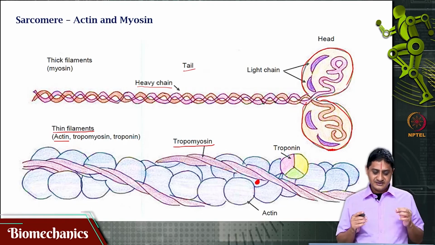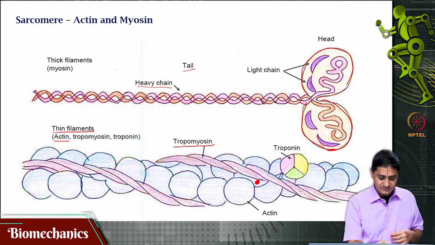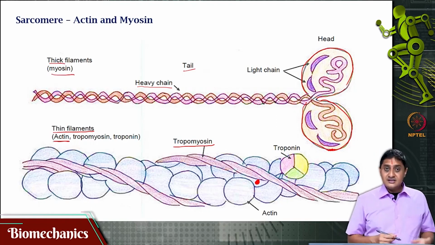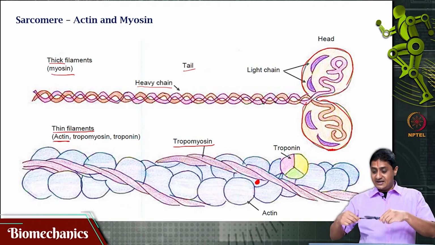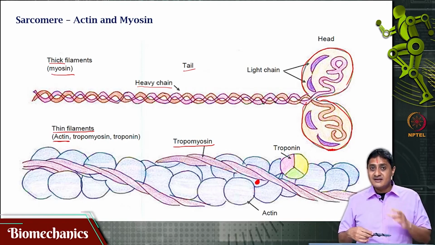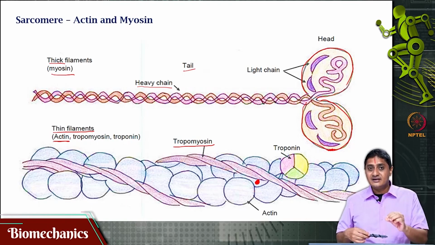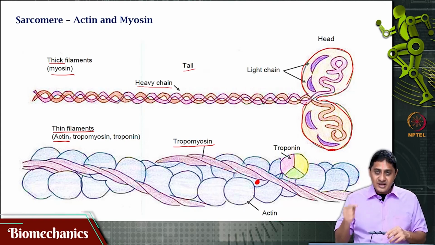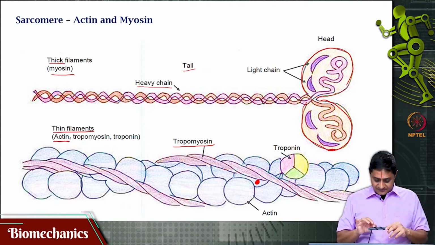Terminology: the thick filament is called myosin. The thin filament, actin, is surrounded by this thread-like protein called tropomyosin, which has this tendency to hide the binding sites on the thin filament, or actin, and on this tropomyosin is troponin, one more protein that is attached.